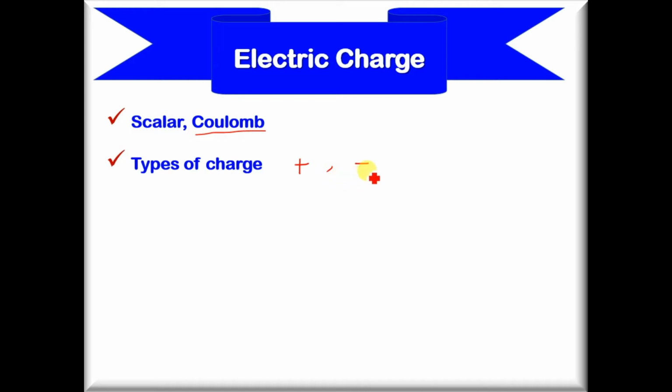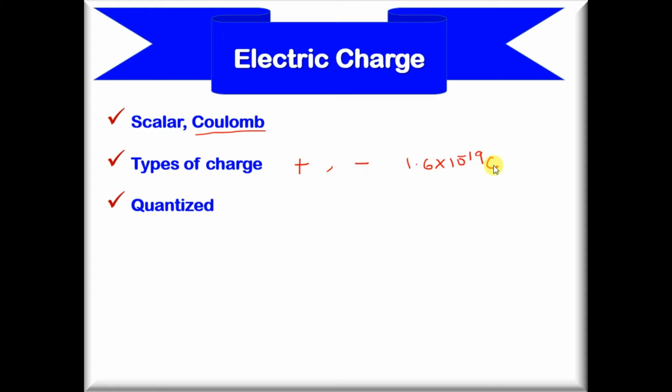And coming to the quantity of this charge, as you all know, the charge of an electron or proton is 1.6 × 10^-19 coulombs. And coming to the next very important point, electric charge is quantized. So what is the meaning of quantized?